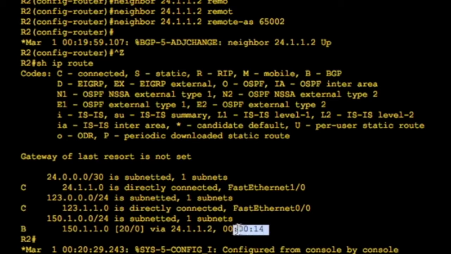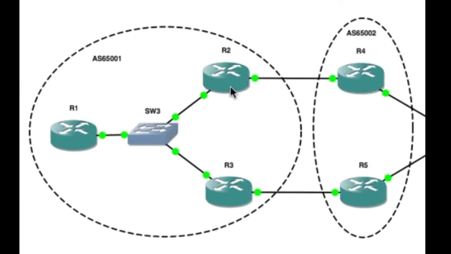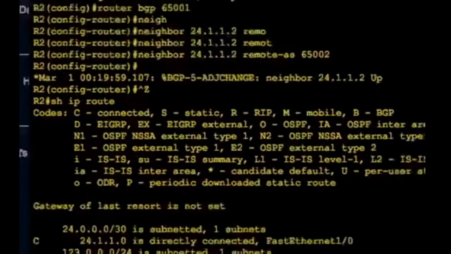And you can see we've been receiving that for 14 seconds, from 24.1.1.2, which is R4's Ethernet interface closest to us. So there you go. We've got the eBGP session built and the iBGP session built. We've got one loopback interface on R4 injecting its network into the routing process, and R2 picking up that route here in its routing table.